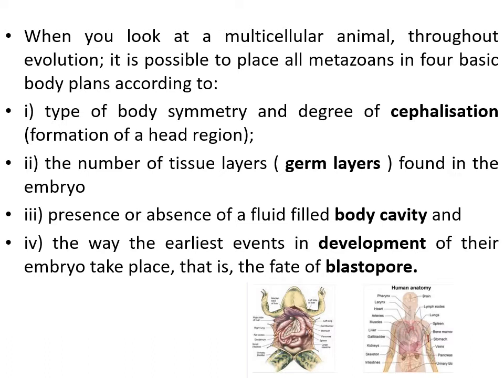And the basic body plan. When you look at all the metazoans, you are able to say that most multicellular animals fall into 4 basic body plans: type of body symmetry and degree of cephalization, the number of tissue layers or germ layers, presence or absence of a fluid-filled body cavity, which is known as coelom, and the way the earliest events in development of the embryo take place, that is the fate of the blastopore.